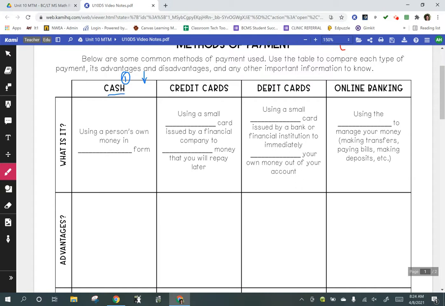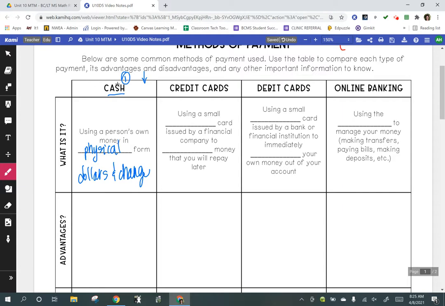And cash is using a person's own money in the physical form, meaning dollars and change. Meaning you don't have any kind of account anywhere, or you do, but you're just carrying that cash, that stuff that you can just hand to somebody. Okay.